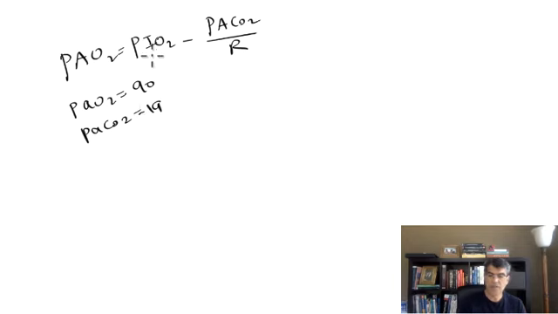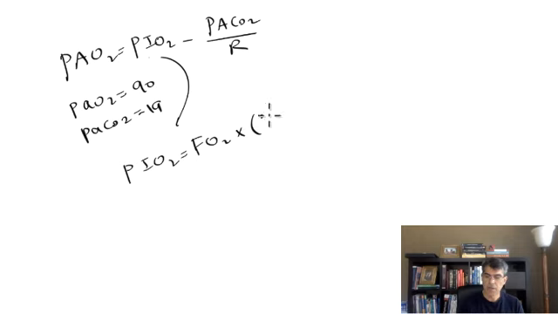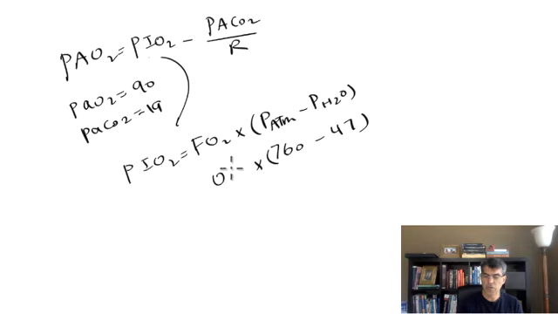So first, let's measure PiO2. PiO2 is equal to fraction of oxygen times atmospheric pressure minus pressure of water vapor. We said this one is 760, this one is 47, and this one is 21%. So therefore PiO2 we said is equal to 149 millimeters of mercury.